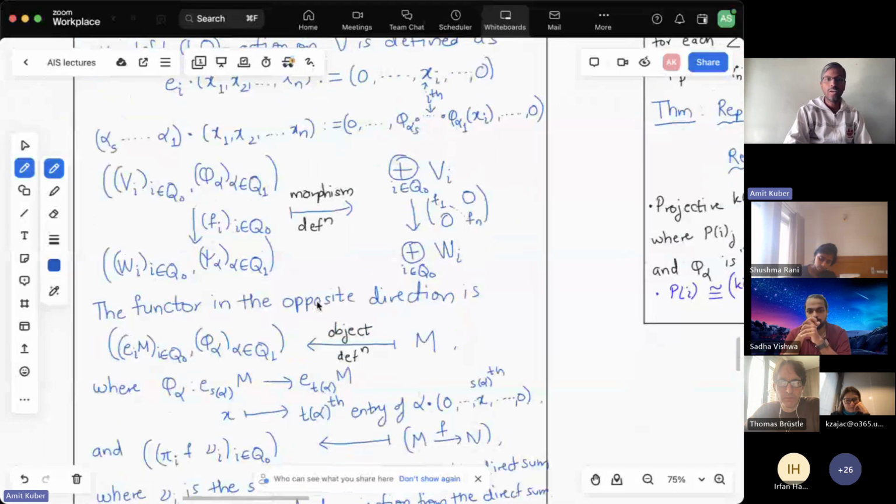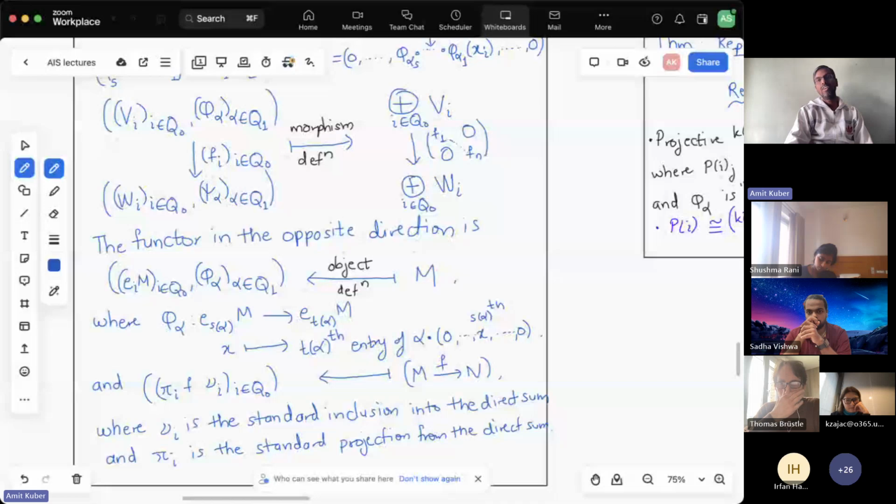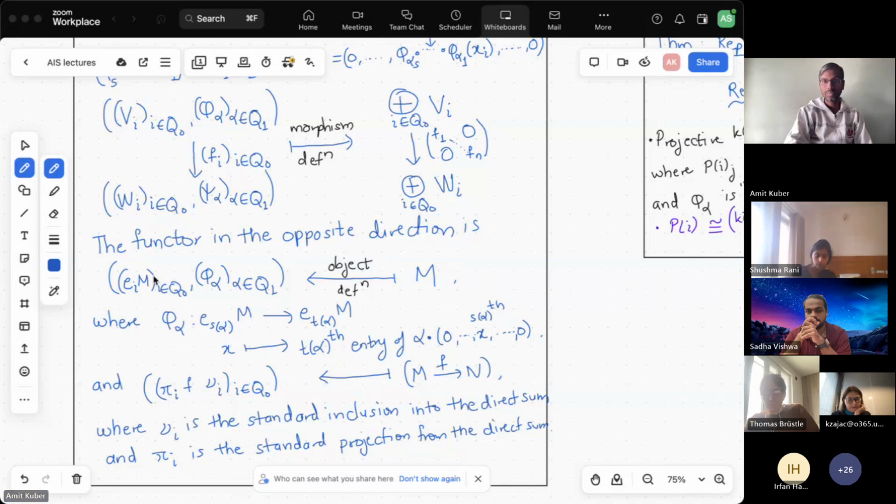Otherwise, what you can do is find a functor in the reverse direction. So in case you are given some KQ module, how do you obtain the corresponding representation? Well, that is simple.